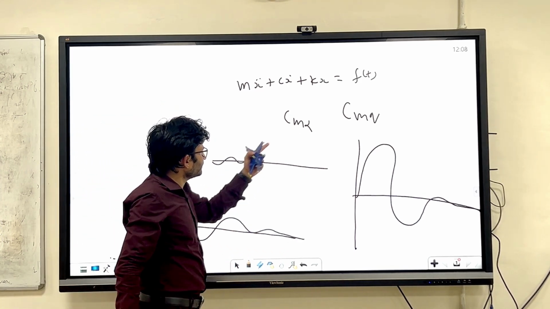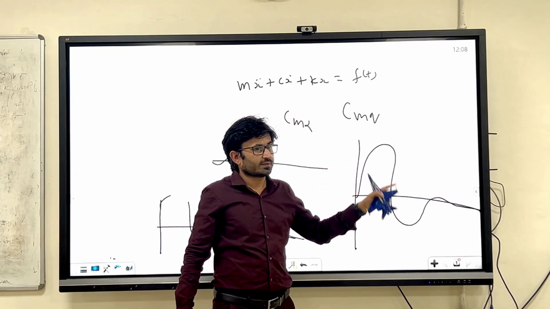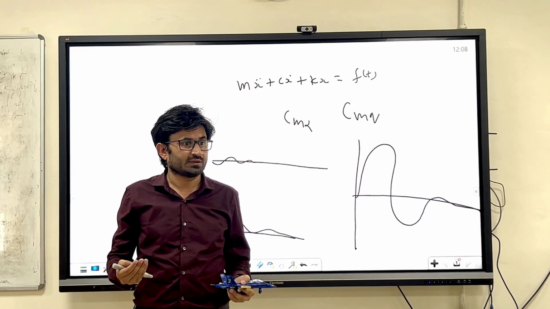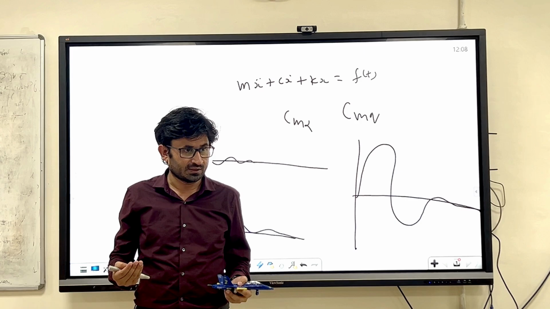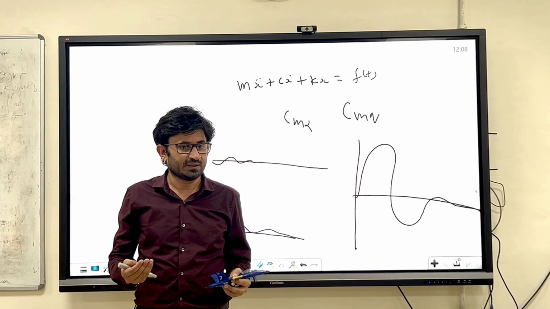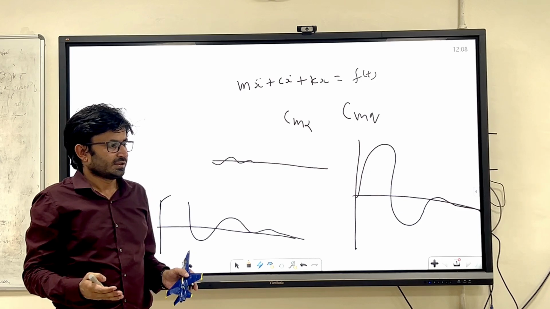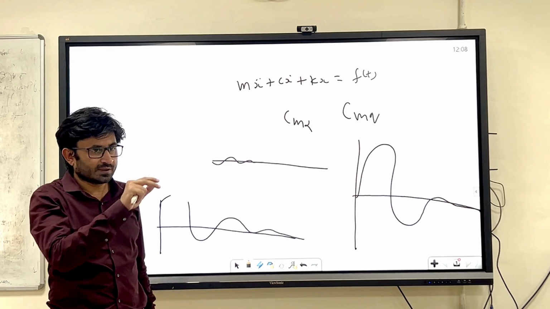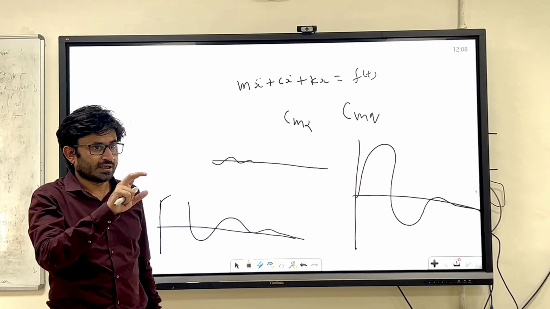So now when you derive the C_m alpha and C_m q expressions, you should also observe what terms are associated with them. For example, when you derive C_m alpha, there will be a lot of terms, for example the lift curve slope of the wing, and then the position of the aerodynamic center.